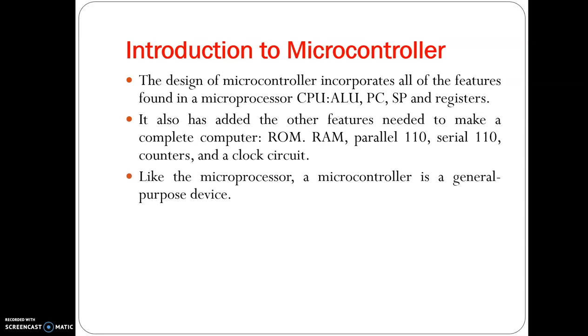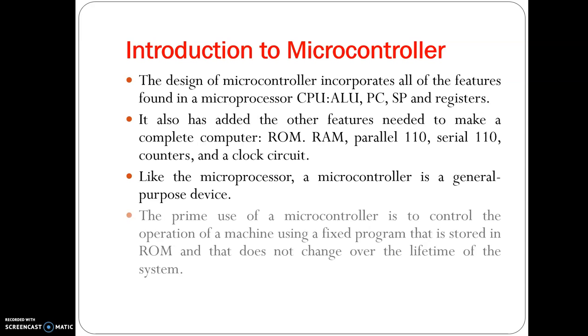Now, like a microprocessor, a microcontroller is also a general purpose device. The prime use of a microcontroller is to control the operation of a machine using a fixed program that is stored in a ROM and that does not change over the lifetime of the system.